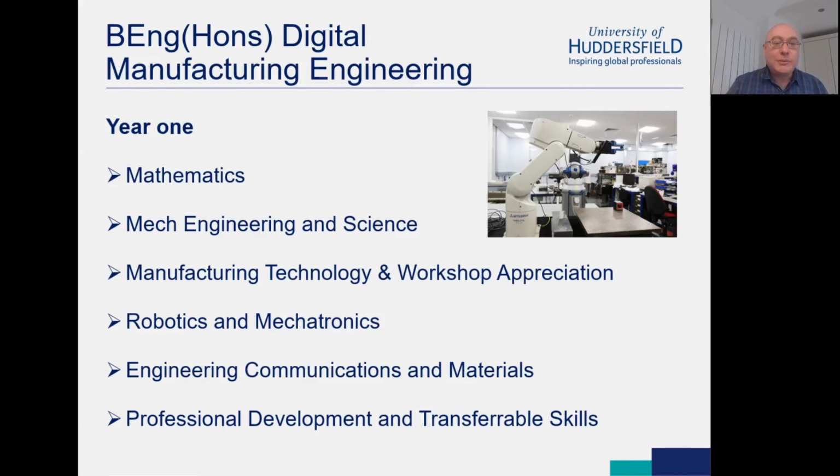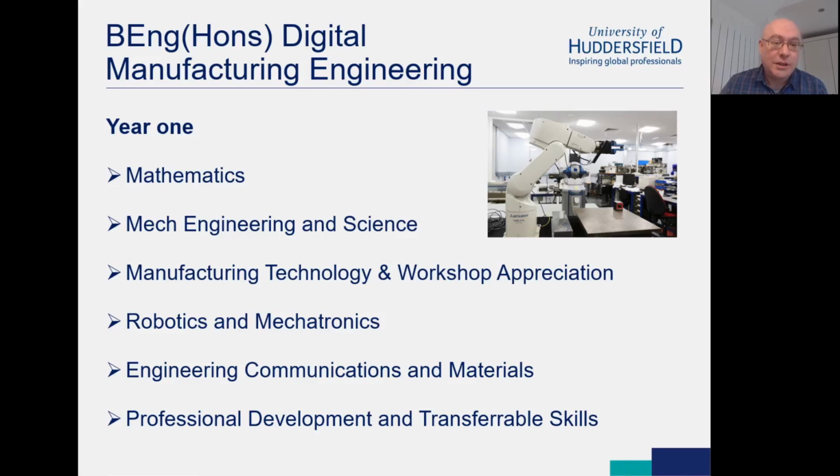So now just a little bit about the degree in more detail. As I said, the fundamentals are, it is an engineering degree. Engineers need to understand maths. Beyond that, we are looking at the core things that we need for engineers, mechanical engineers, but also the manufacturing side of it as well.